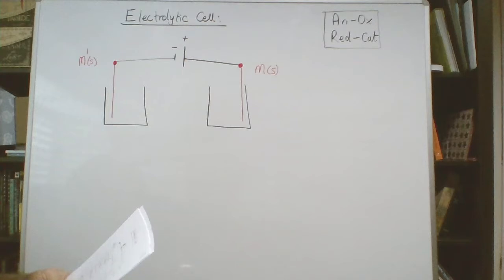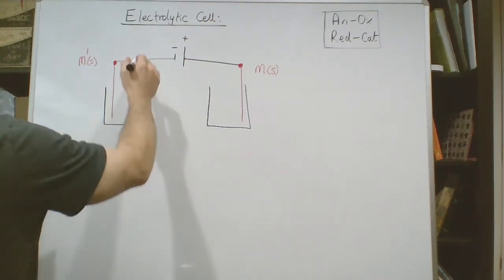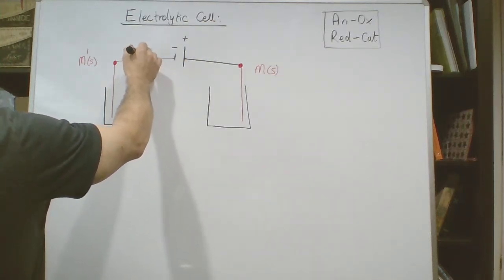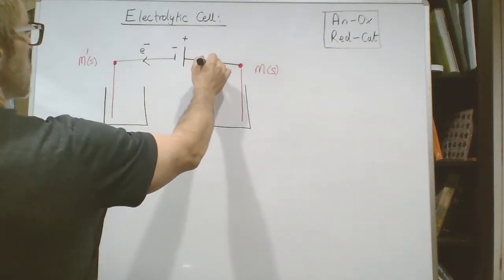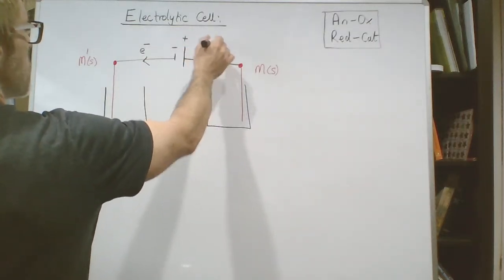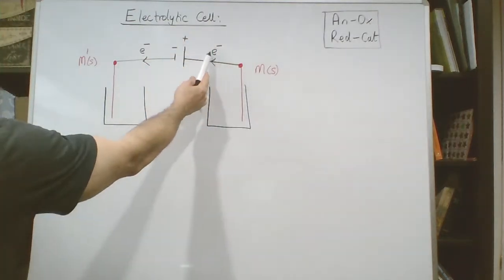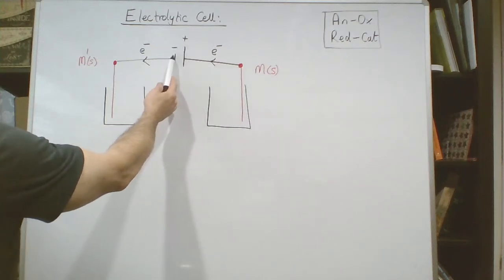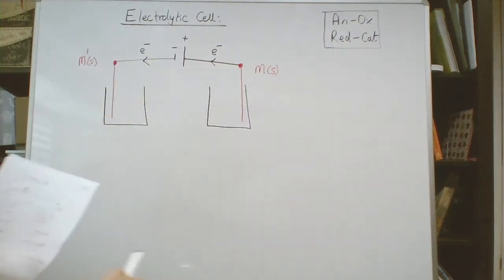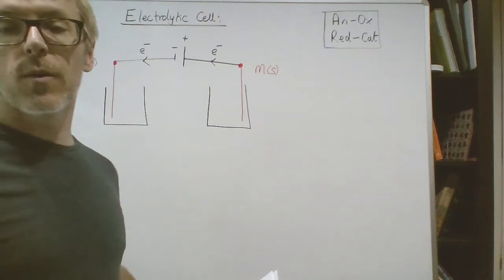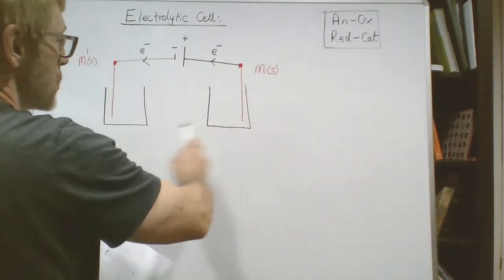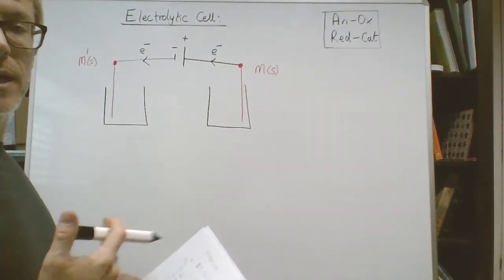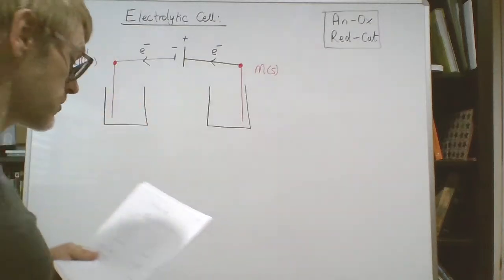And obviously electrons are repelled from negative charges, so we're going to have a flow of electrons counterclockwise the way I've drawn this. Electrons are attracted to the positive, electrons are repelled by the negative. If you were somebody that looked at the flow of positive charge, the positive charge would be clockwise. But in chemistry, we consider the flow of electrons.